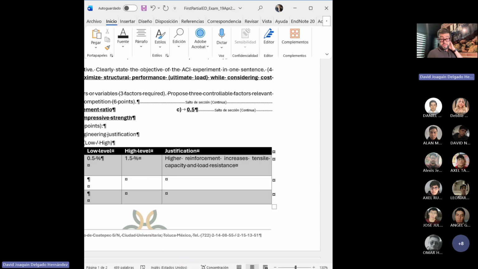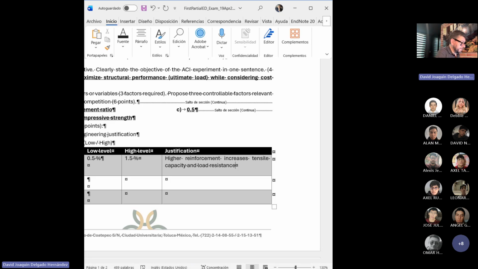So the more reinforcement you use in the beam, the bigger the load that it will resist, right? So you can play with that. You can put more reinforcement within the beam, and then it will support a bigger load.